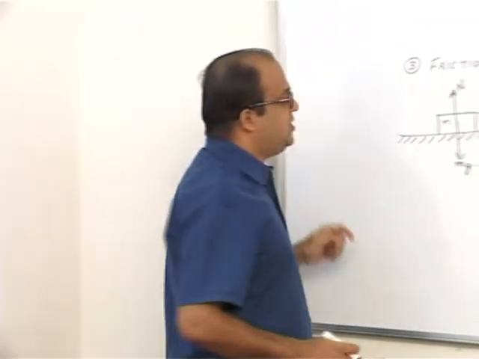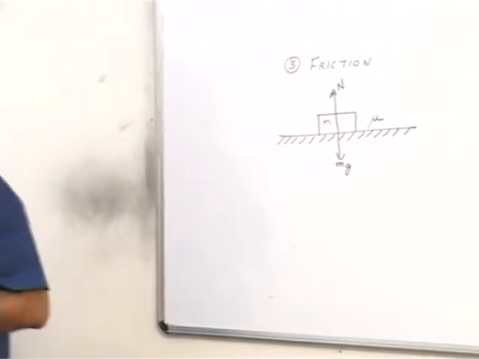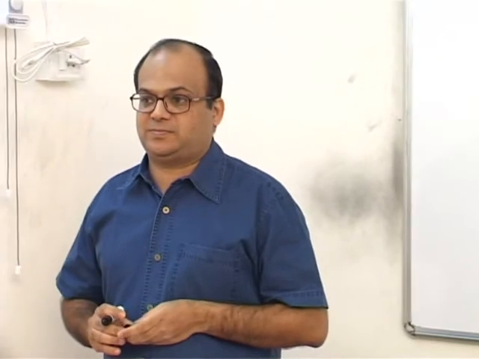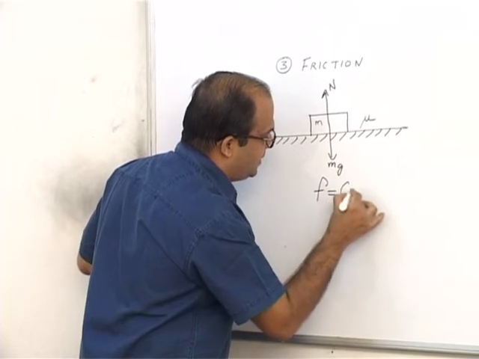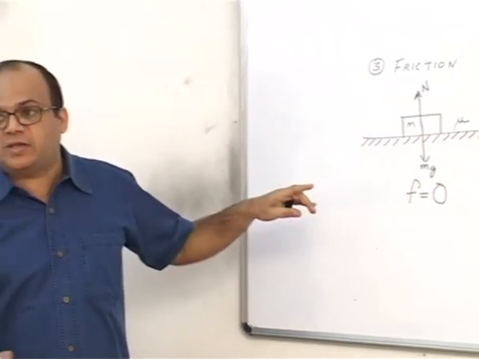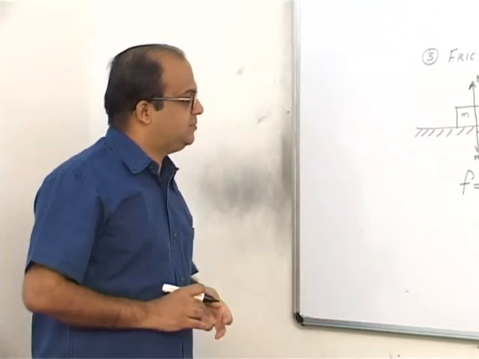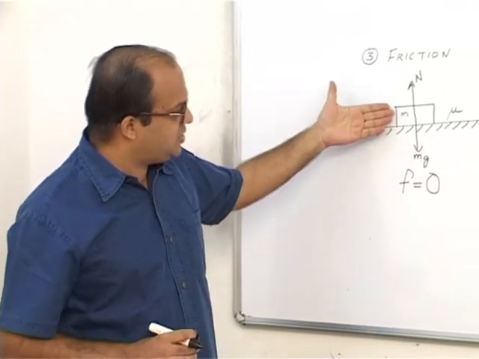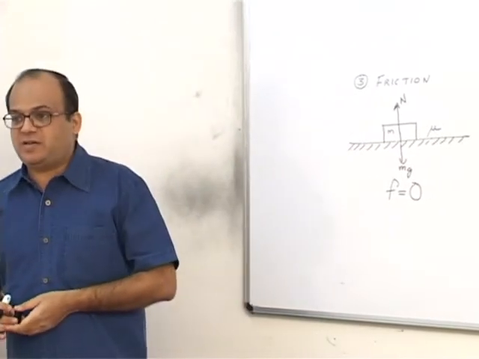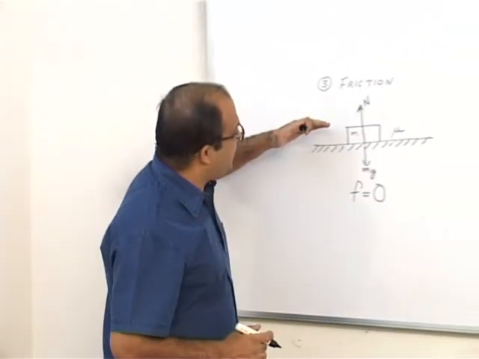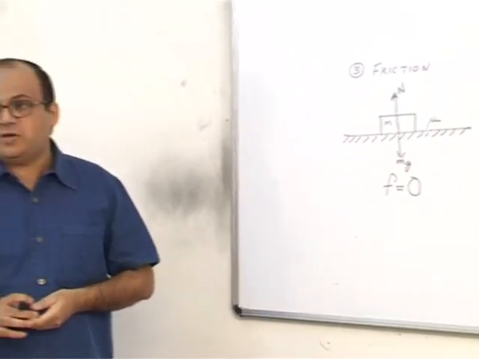See, the coefficient of friction between the body and the surface is mu. So what is the frictional force? The frictional force in this case will be 0. Unless an attempt is made to slide the body or the body is sliding, frictional force will be 0. See, if the body is at rest, frictional force cannot act either this way or that way. So frictional force has to be 0. Only when you apply a force to slide the body, then frictional force will come into play.